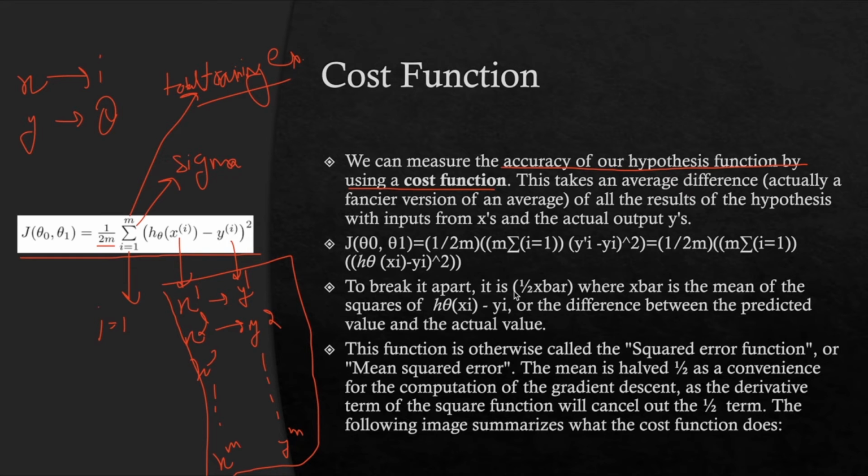Then to break it apart, let's see the x bar, 1 upon 2 x bar. This will be where x bar is the mean of squares of this. So this means that 1 over 2, let me write it, h of x minus y.